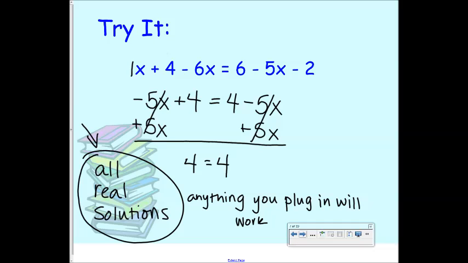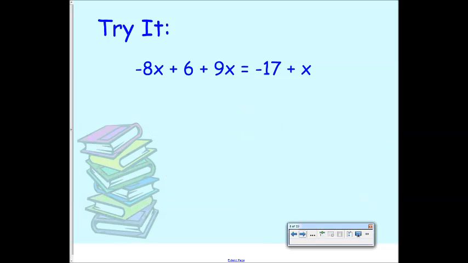All right, let's look at this one. What would we do first here? Combine my like terms. What are my like terms on this side? So negative 8 plus 9, which is 1x. And I still have plus 6 equals negative 17 plus x.